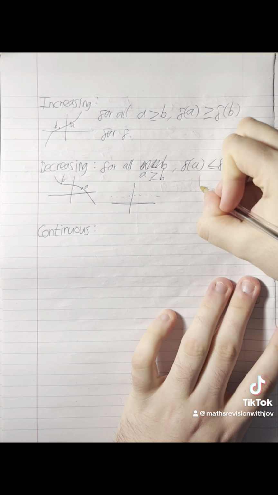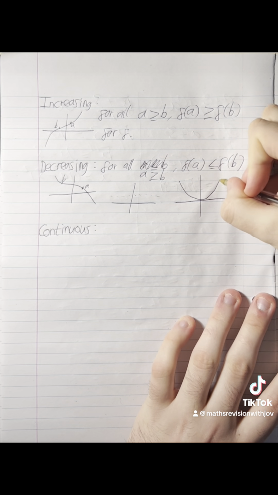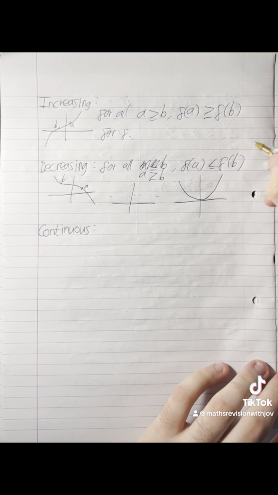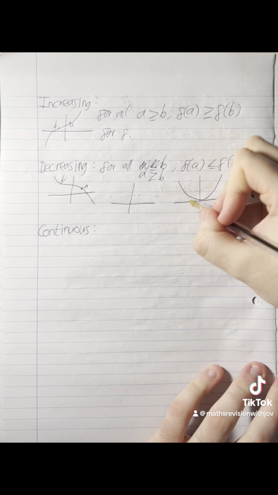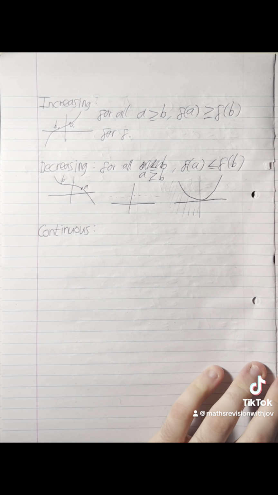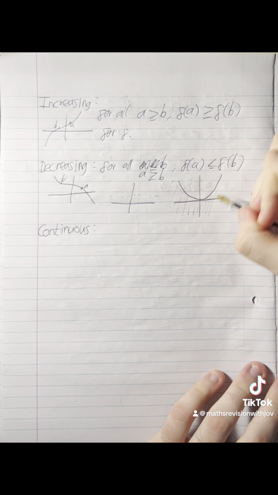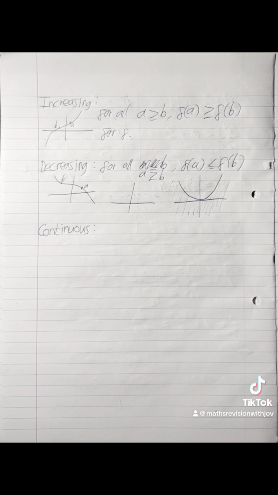For example, the quadratic function looks a little bit like that. Notice how in this half of the graph, the function is decreasing, and then in the other half it's increasing. So then we say it's decreasing over a certain range and it's increasing over another range.